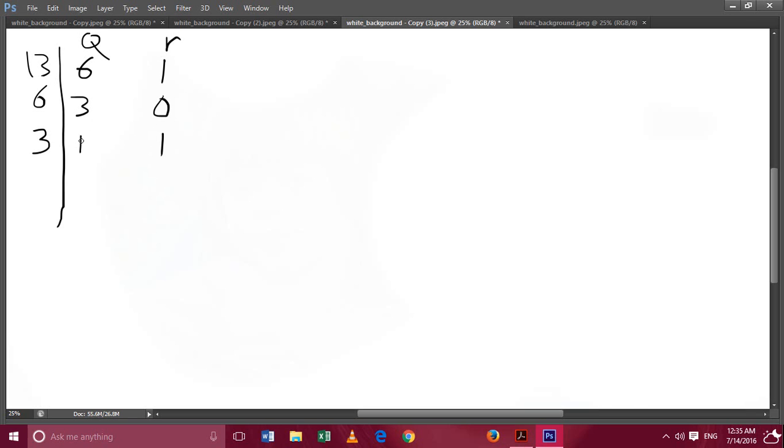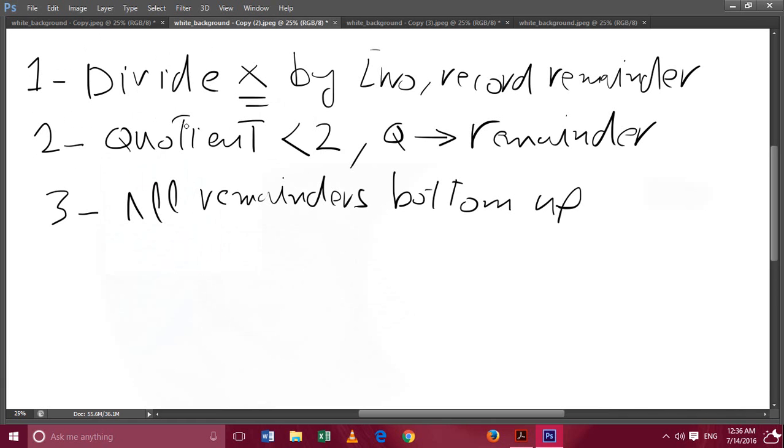Why? Because 1 times 2 is 2. You still have 1 to get to 3. Now, pass this here. We are always passing the quotient. Now, 1 is less than 2, which is the base. So, as long as the quotient is less than 2, pass the quotient as the last remainder, and then you're done.